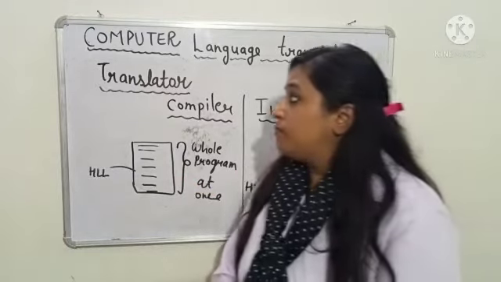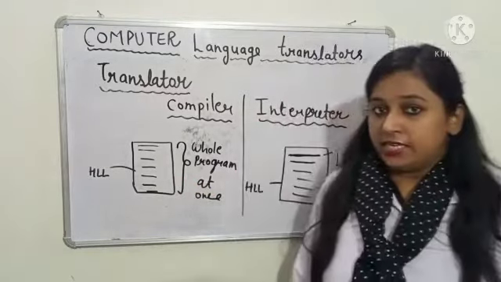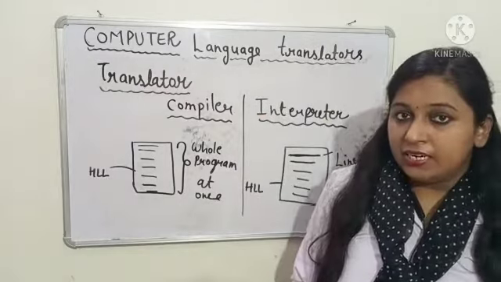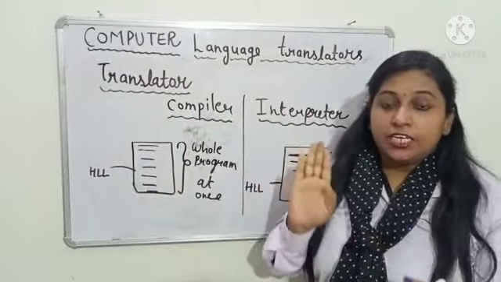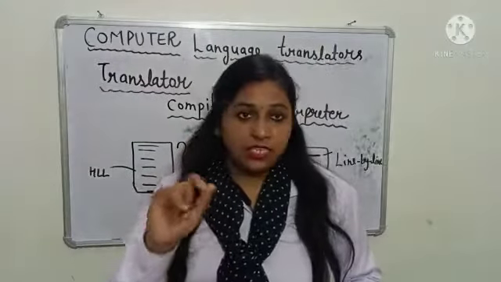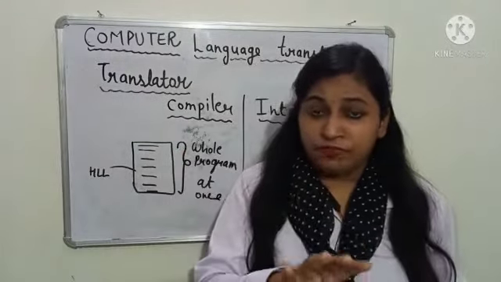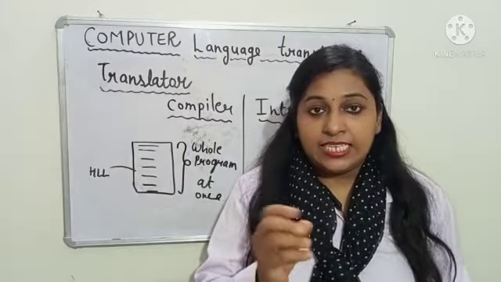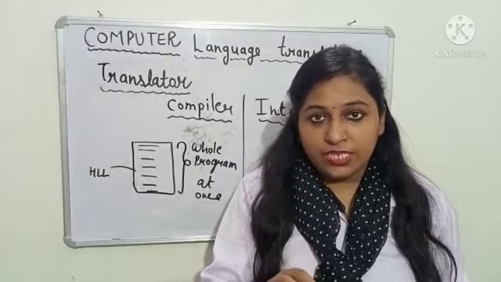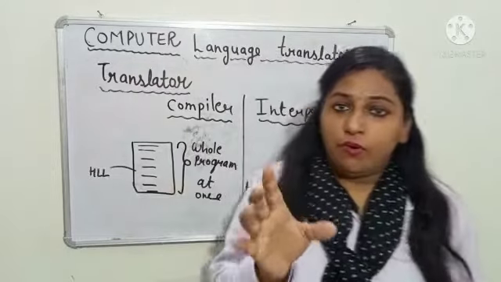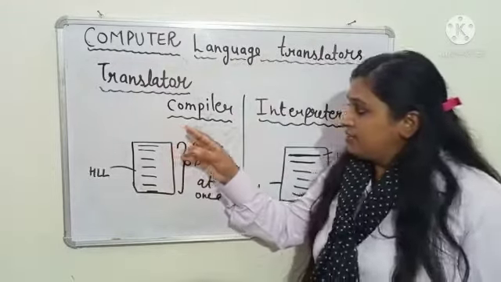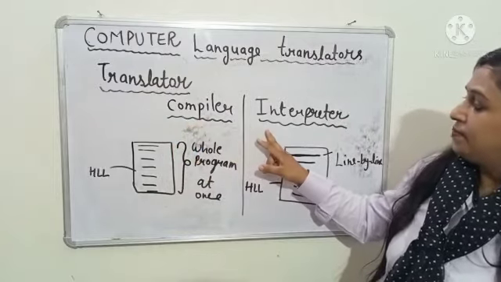If I am talking about the types of translator, there are three types: assembler, compiler, and interpreter. Assembler is designed for assembly language, which is also a computer language. And the second is compiler and interpreter.